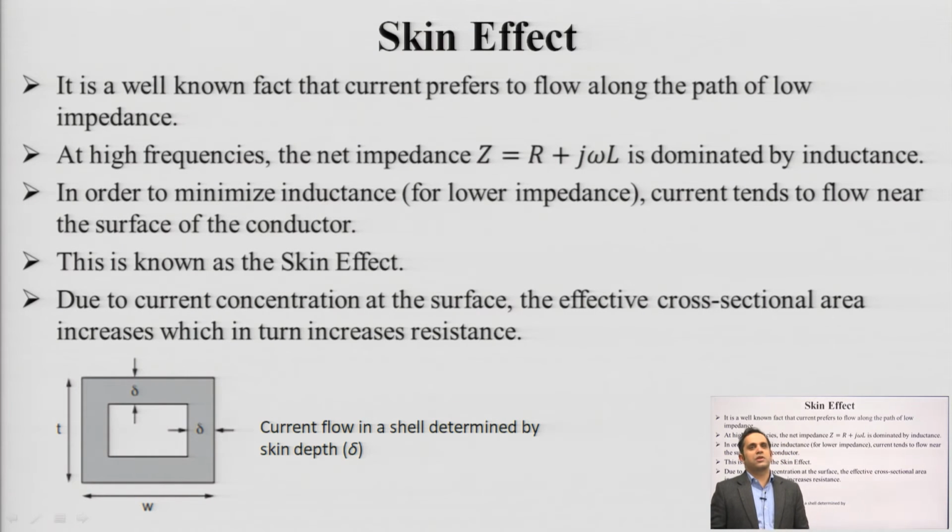That magnetic field produces a voltage, a back EMF, which opposes the current which originally produced the magnetic field. The magnetic field produces this back EMF via a set of currents called eddy currents, and these currents tend to spread out. When they spread out, they tend to push the bulk of the current towards the surface, and this also has another reason: current tends to flow through a path of low impedance.